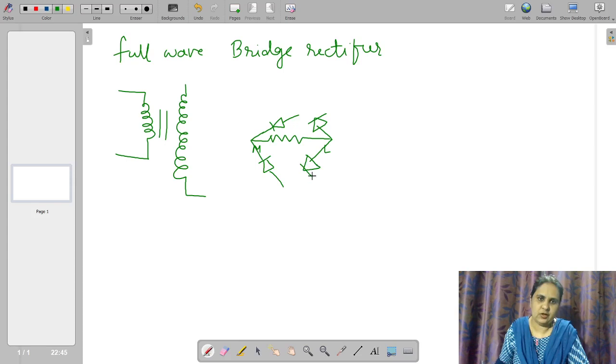Between the common anode and the common cathode, we have the load resistance. M and L are the common anode and the common cathode points. And between the anode-cathode and the cathode-anode, that is point A and point B, we are connecting the supply. This we have studied in the previous class.